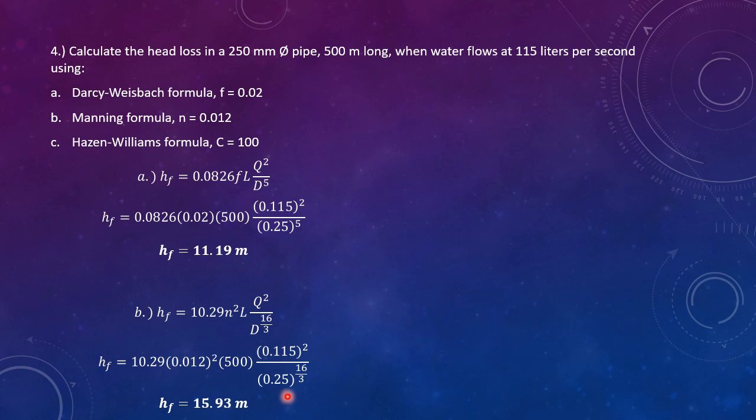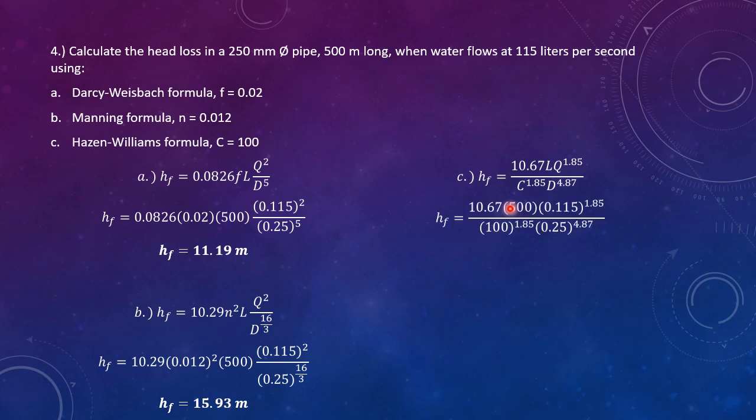And finally, when Q expressed in cubic meter per second is given, the Hazen-Williams formula is hf equals 10.67 L Q raised to 1.85 all over C raised to 1.85 times D raised to 4.87.